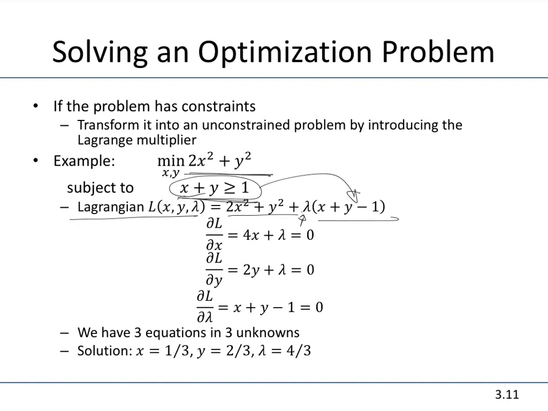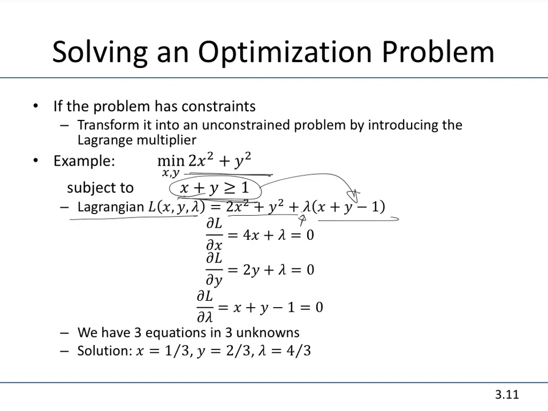You are trying to minimize, and I'm increasing the objective by adding a certain component. So lambda will become like a penalty. If you are maximizing, then lambda will be negative, so that again I will act against you. Okay, so that's the idea of the Lagrangian. So Lagrangian acts as a penalty.